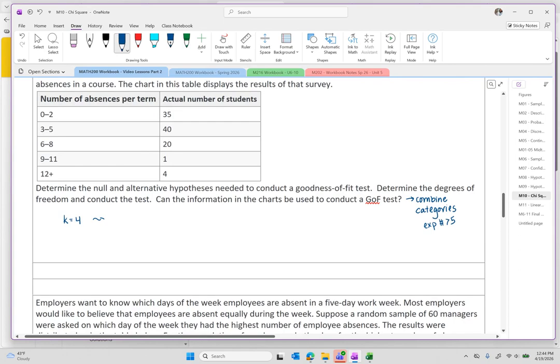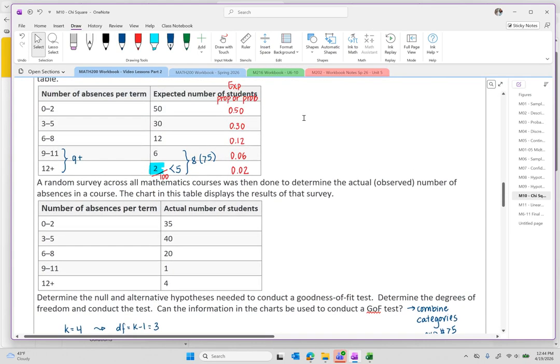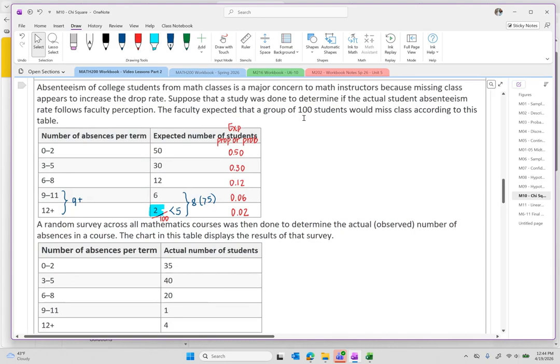And we will have a chi-square distribution with degrees of freedom equal to k minus 1, which will be 3. And now that we can conduct a goodness of fit test, we want to state the null and alternative hypothesis.